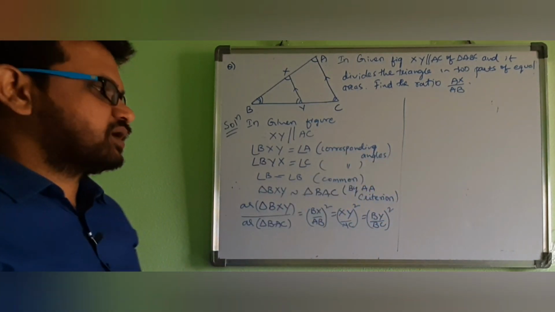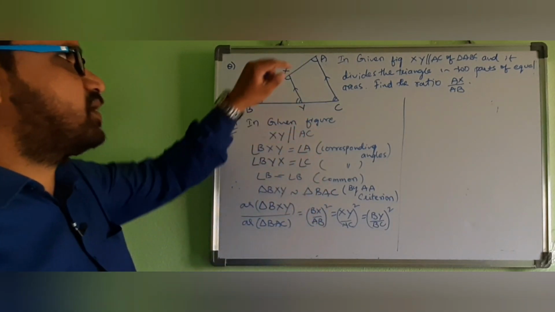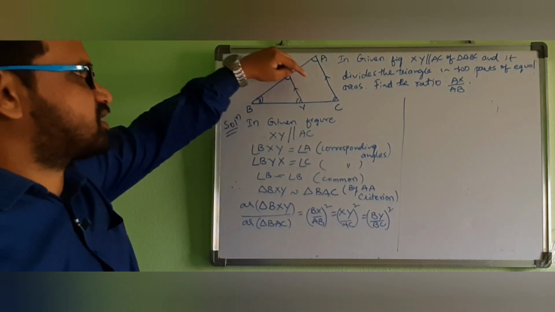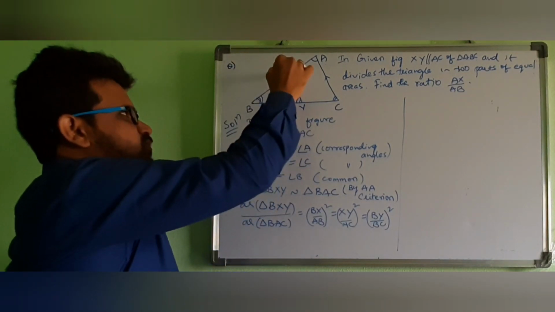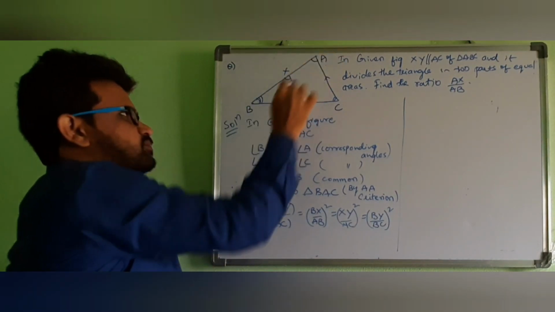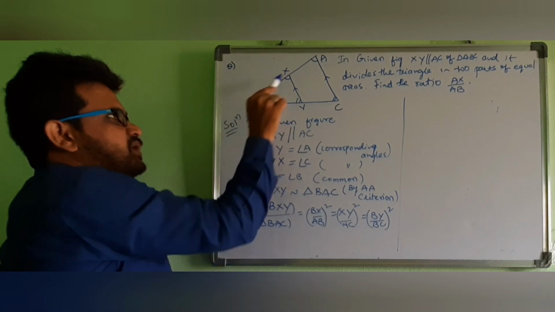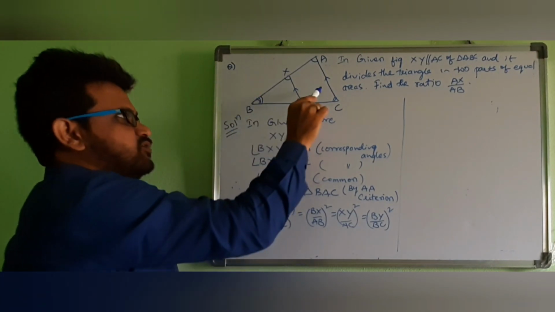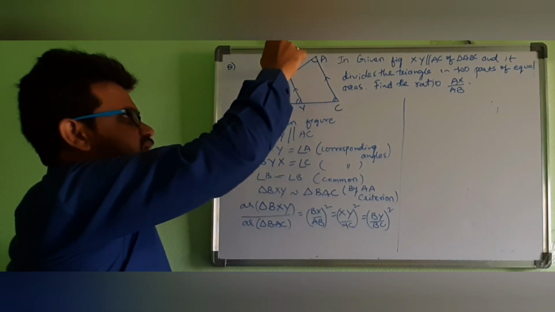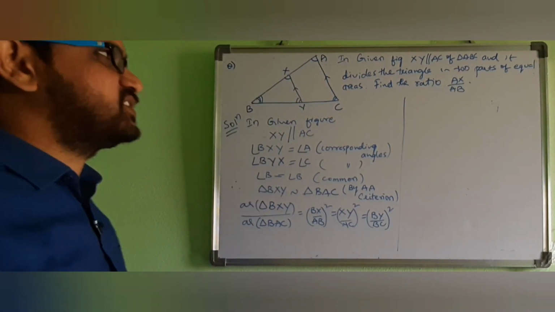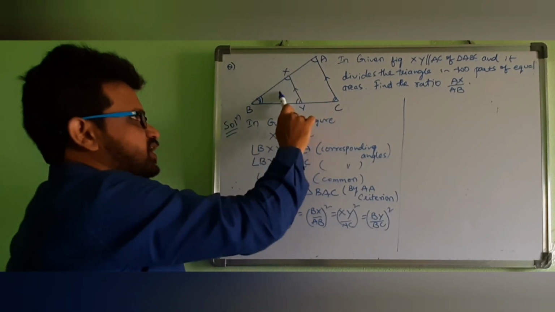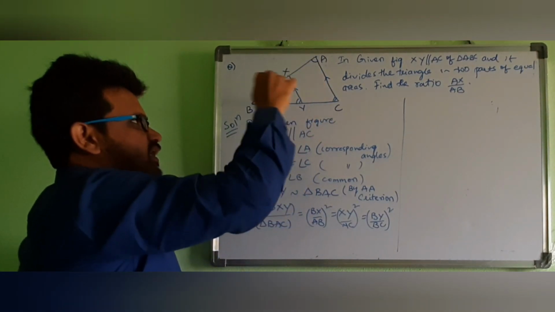And again what is given here? Given that this XY divides the triangle into two equal areas, right? So the area of triangle BXY is equal to the area of the trapezium AXYC. But here we don't take the trapezium. These two areas are equal to the area of triangle ABC.